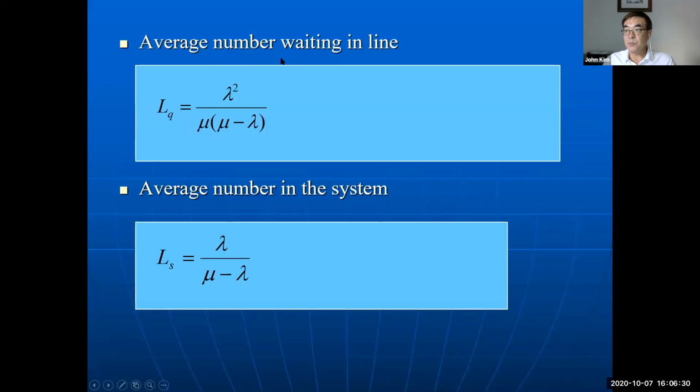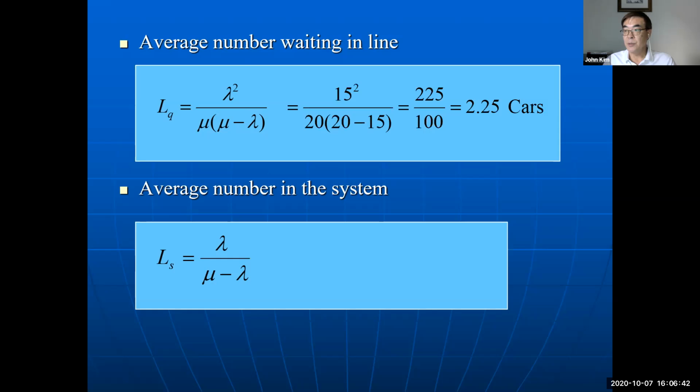LQ, average number waiting in line. How many customers are in the waiting line? Model 1 uses this formula: 15 squared divided by 20 times (20 minus 15). So on average, 2.25 cars in the waiting line.